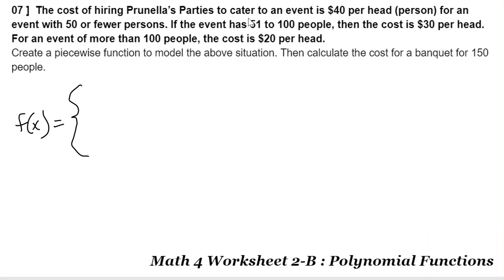So we'll start with this one, $40 per person for an event of 50 or fewer. And we figured out in several of these that that's $40 times the number of people. And then we're going to say, you can't have negative people. I guess you could have 0 people show up. But it's got to be 50 or fewer. So that means 50 is included.